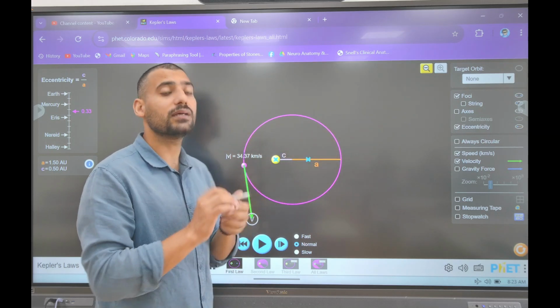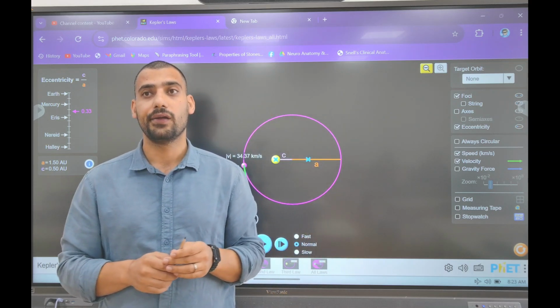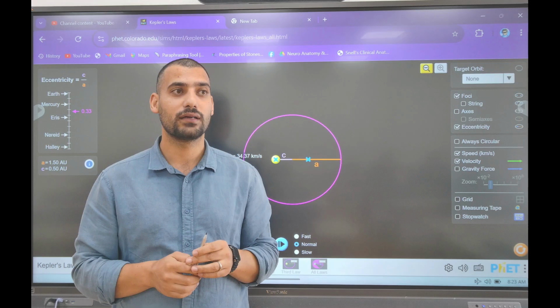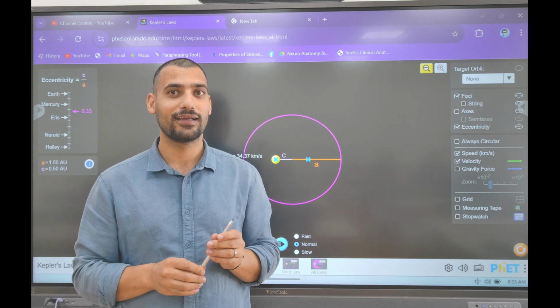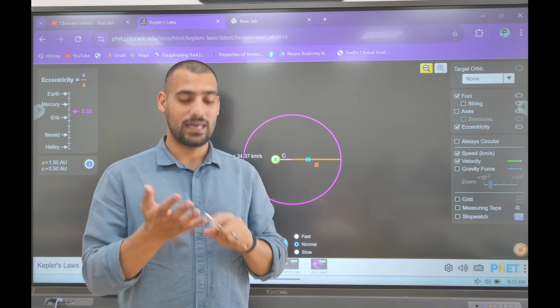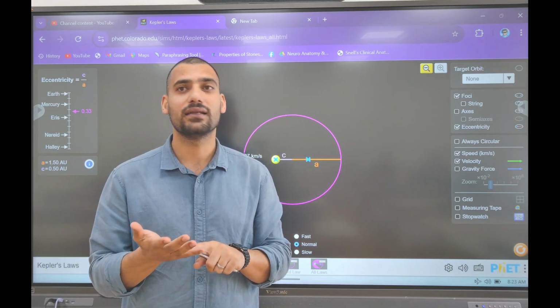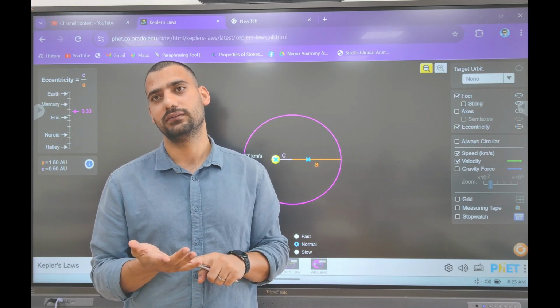So these are the points called as, yes? Any idea about these two points? No? So these points are called as the apogee and the perigee, or aphelion and perihelion.